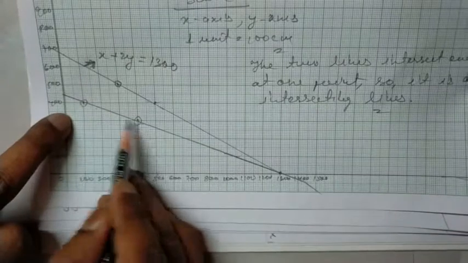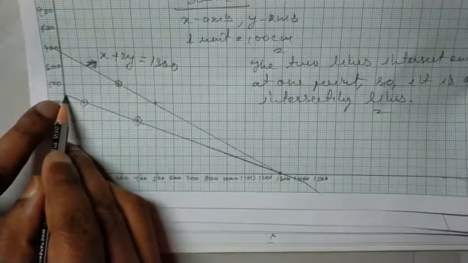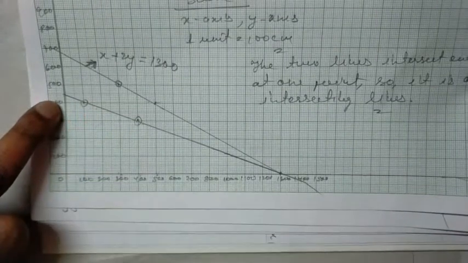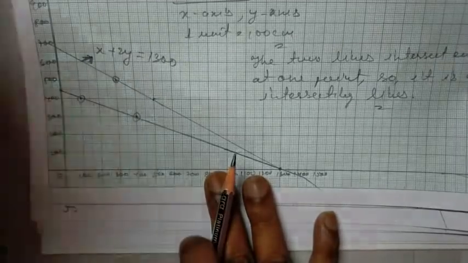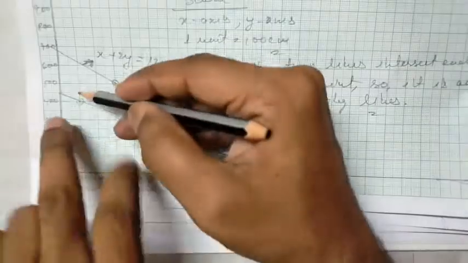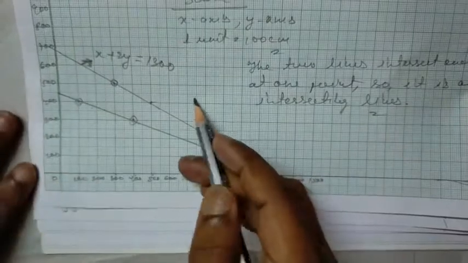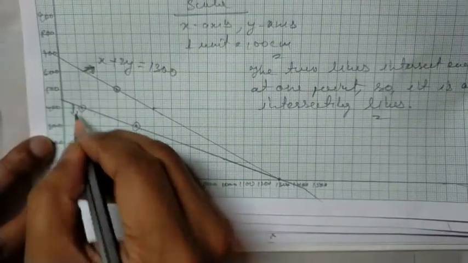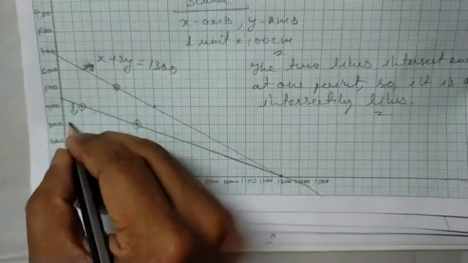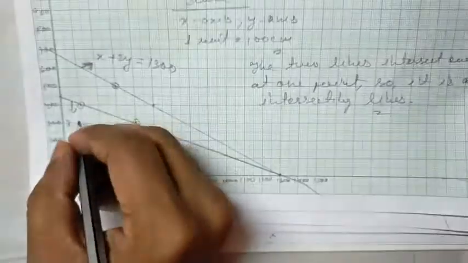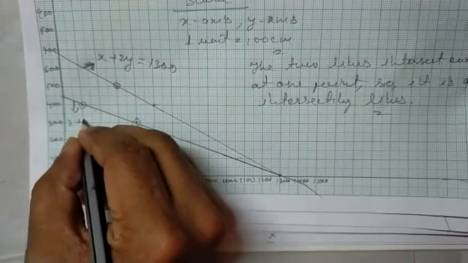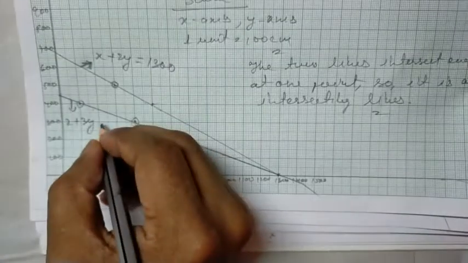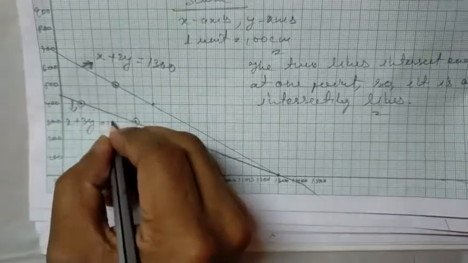Both these points we have got and we have to join them using the scale. This line comes from the second equation, x plus 3y is equal to 1300.